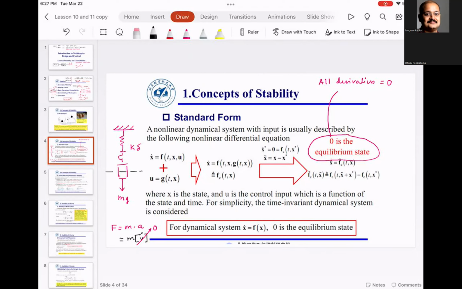Sometimes what you want is to study the stability about a particular solution. What do I mean by particular solution? Here is a classic example. You program the Mambo to go in a straight line, maybe a line follower, and this Mambo is traveling in the straight line.